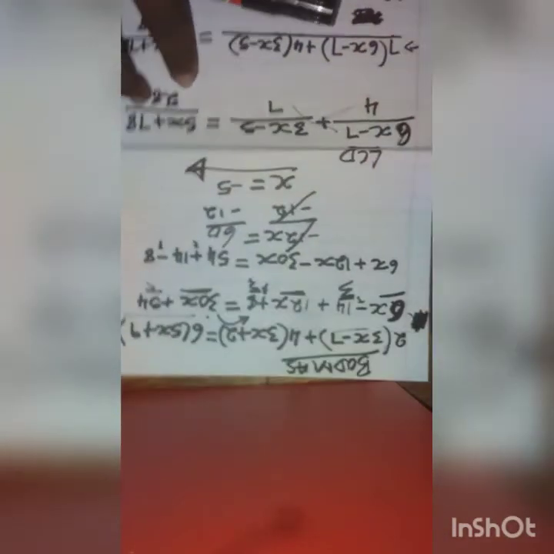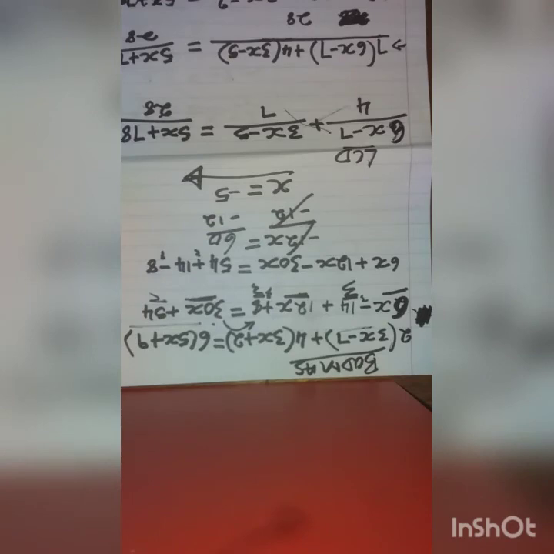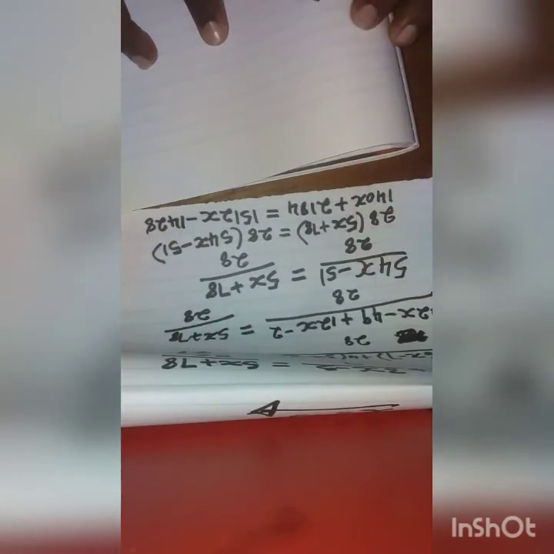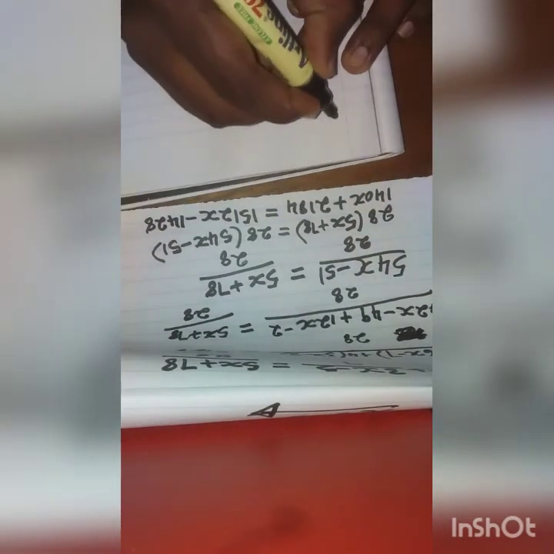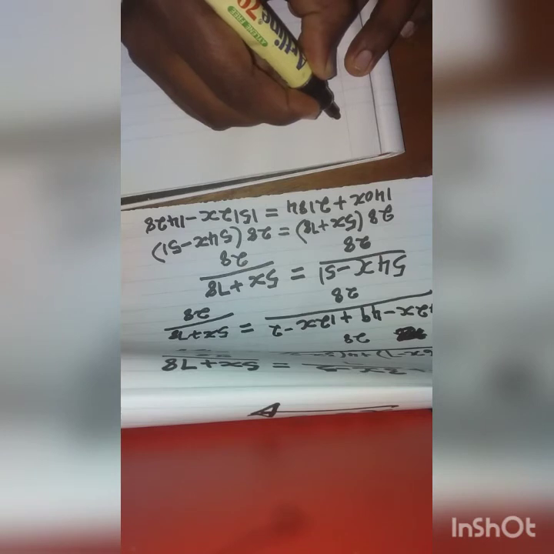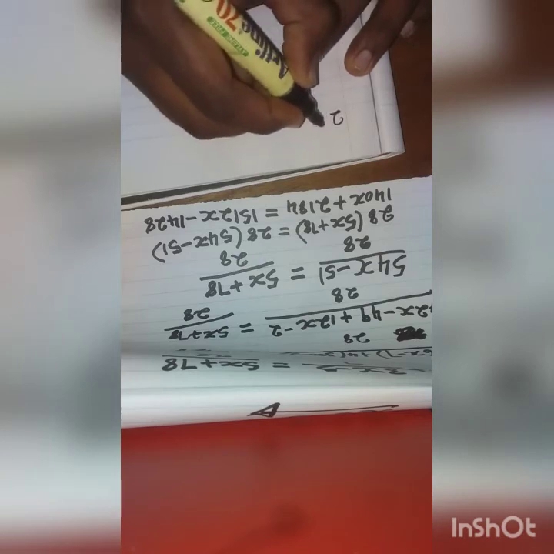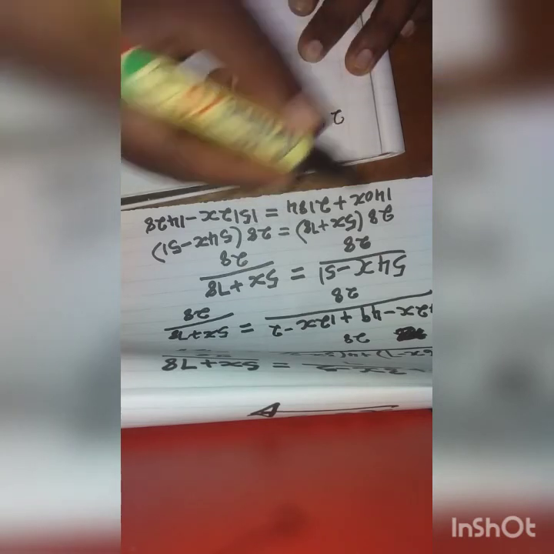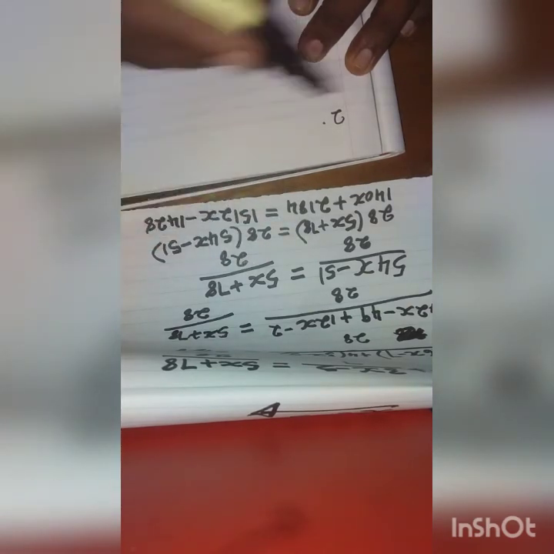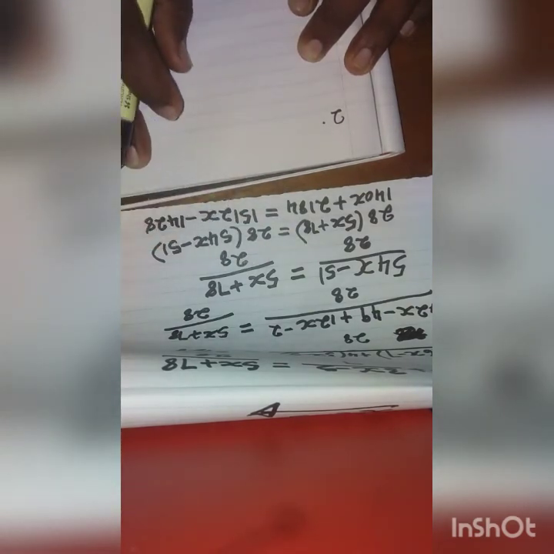So let me just try to turn this paper around so that we can all observe what's going on. As this was the answer, now whatever we did the last time, we group them according to like terms.